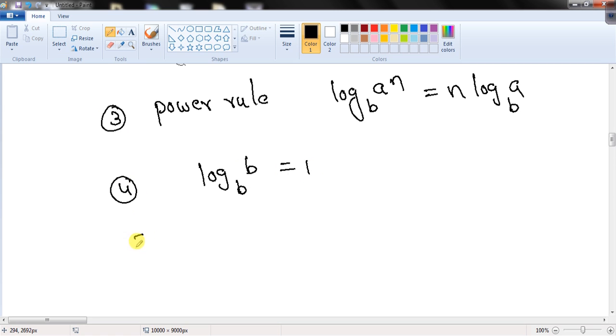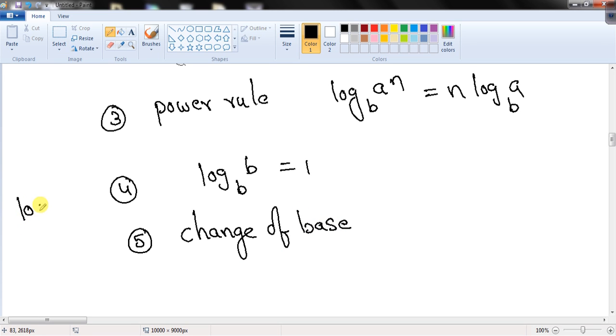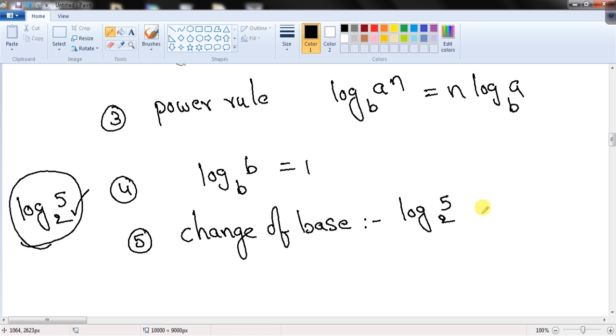The next property which you should know is change of base, which is most important, and students generally don't recognize this. If I need to find log 5 base 2, even using a calculator you cannot do it unless you change the base, because we don't have any facility for this. So log 5 base 2 can be written as log 5 base 10 upon log 2 base 10.